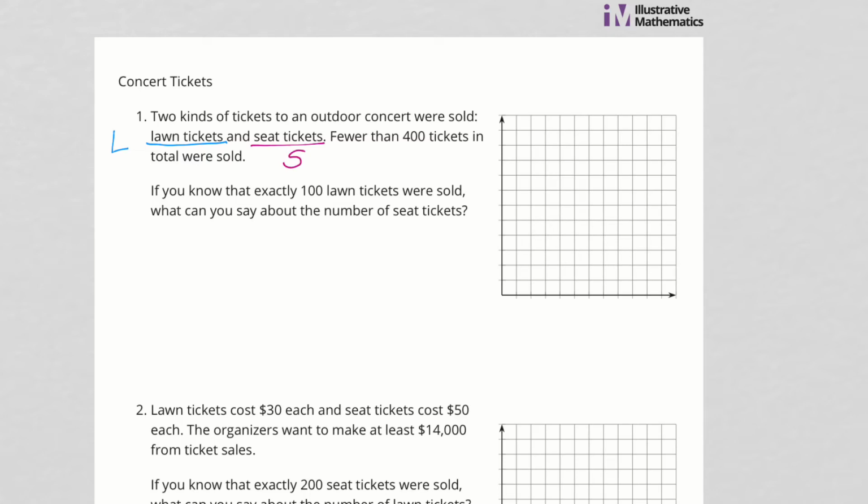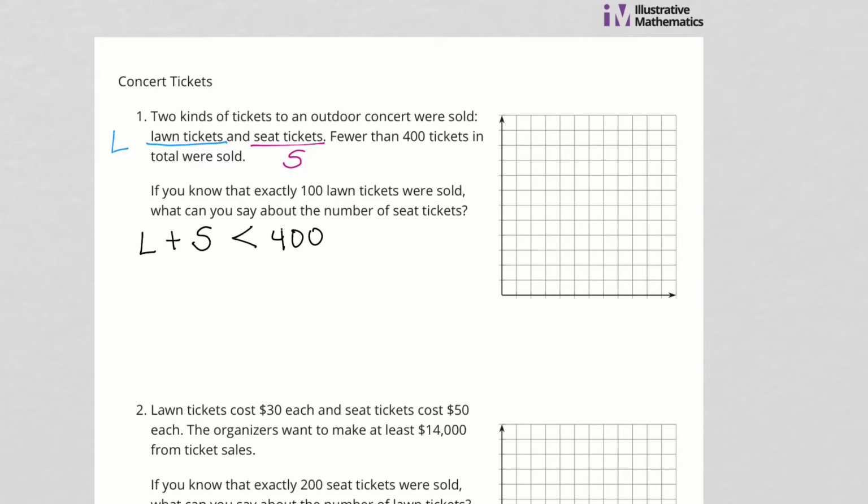Okay? What would be an inequality I could write with just this first piece of information? L plus S. Is my inequality going to be less than or equal to 400?